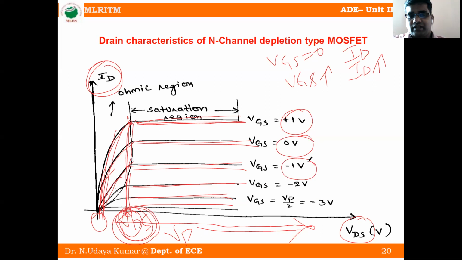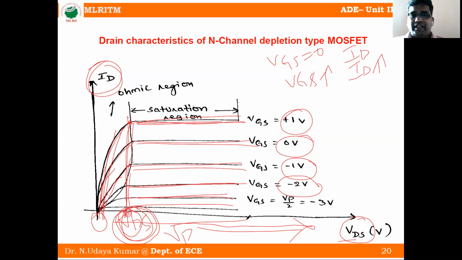Then we vary VDS and measure ID. Similarly, we vary VGS up to -2 volts, then vary VDS and measure the corresponding ID current. We will see these characteristics in the ADE lab also. These characteristics we call the drain characteristics of the N-channel depletion type MOSFET.